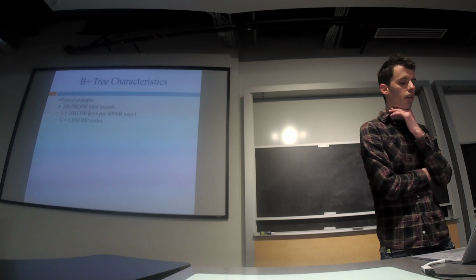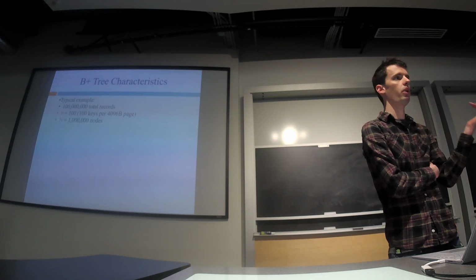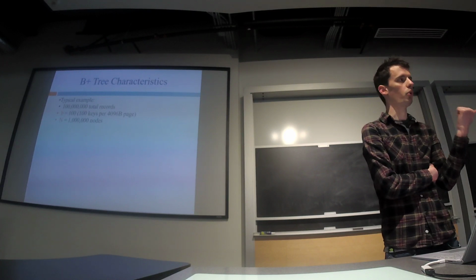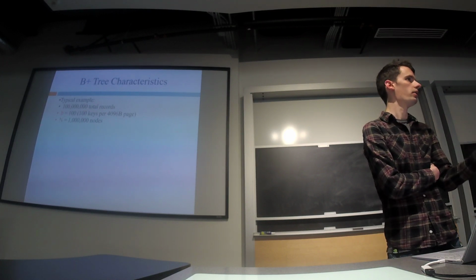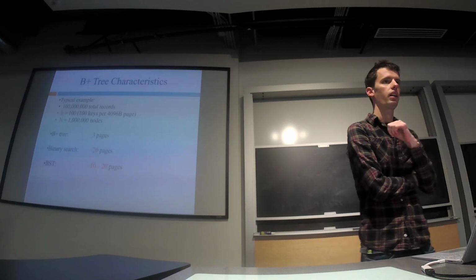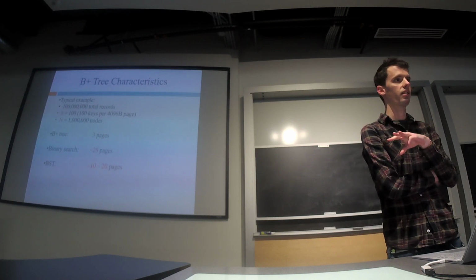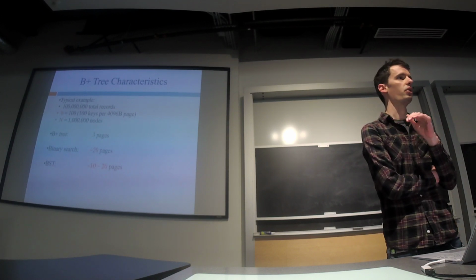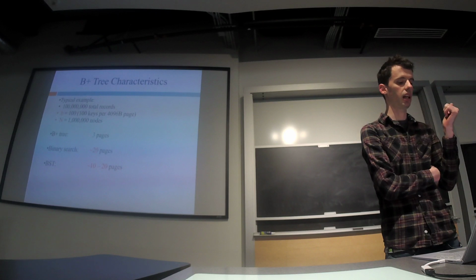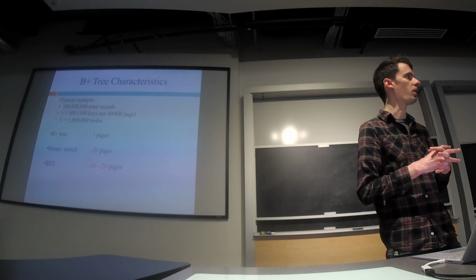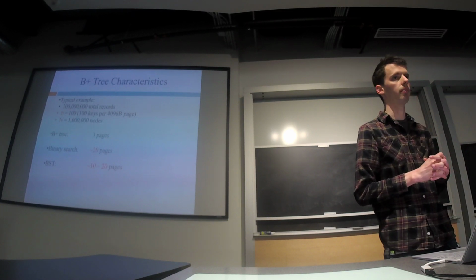Which would leave me with 100 million divided by 100 is 1 million total nodes. So branching factor of 100, 1 million total nodes. With a B+ tree, that's 3 pages to find any key. With binary search, that's about 20 pages. With a BST, who knows, somewhere between 10 and 20 pages, depending on how lucky you get.